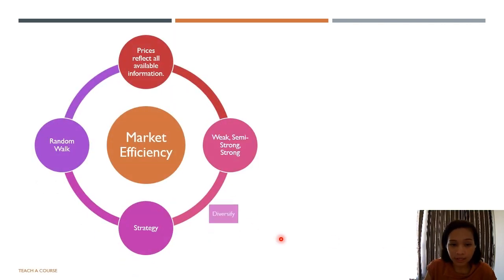In the final part of the course, we are talking about market efficiency. Market efficiency consists of prices reflecting all available information, weak, semi-strong, and strong forms, the random walk, just like what the analysts do, and strategy.